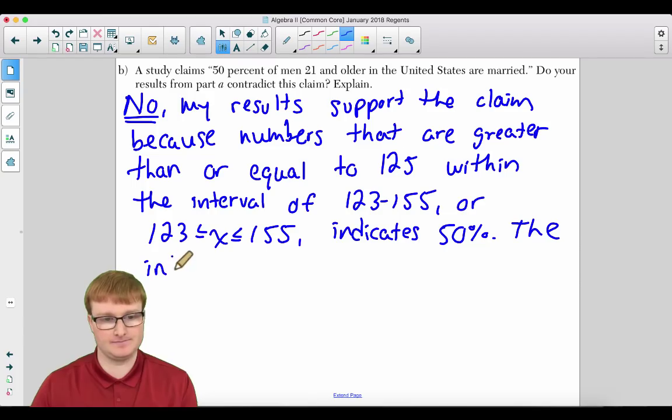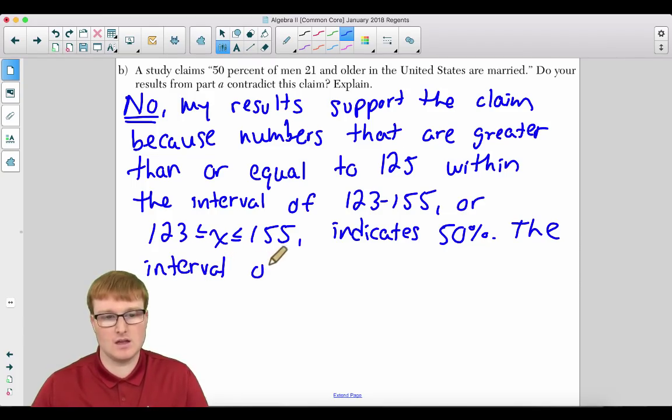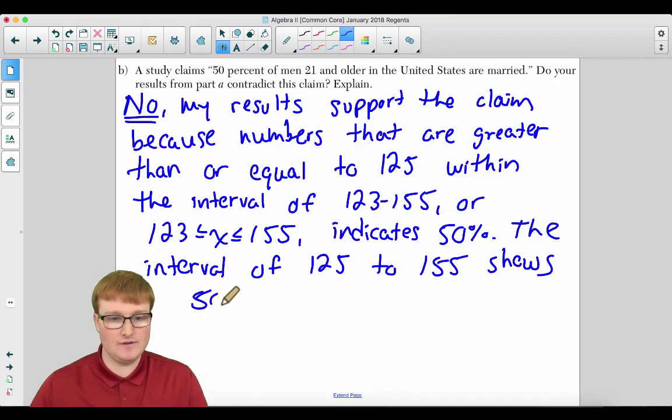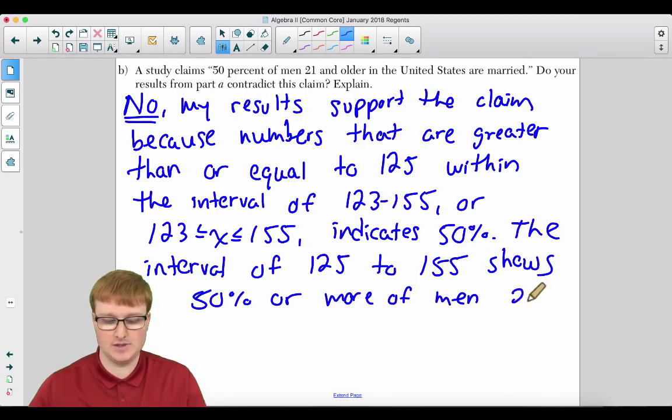The interval of 125 to 155 shows 50% or more of men 21 and older are married.